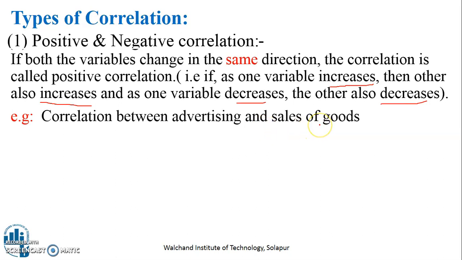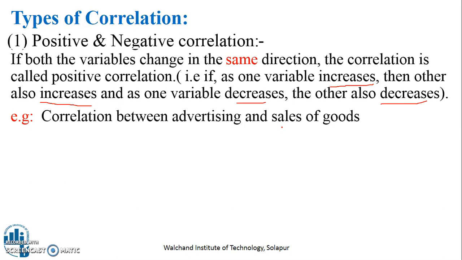So sales of particular goods depend on its advertisement, so these are correlated in the same direction. If advertisement decreases, is less, then there is less sale.